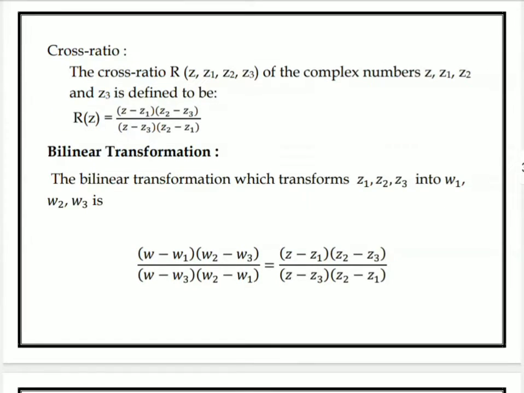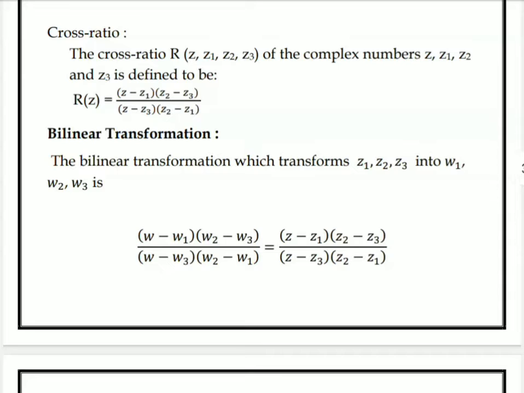Cross ratio. The cross ratio R of z, z1, z2, z3 of complex numbers z, z1, z2 and z3 is defined to be R(z) = (z - z1)(z2 - z3) divided by (z - z3)(z2 - z1). Bilinear transformation definition.